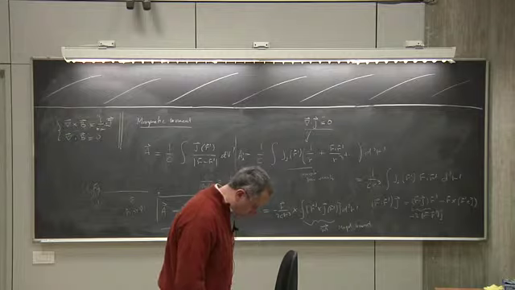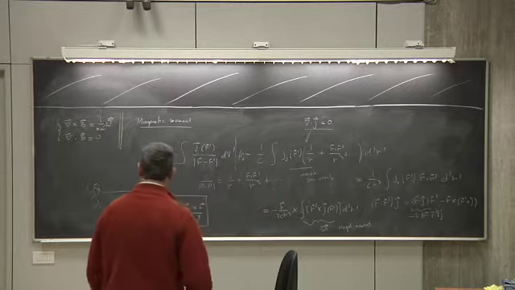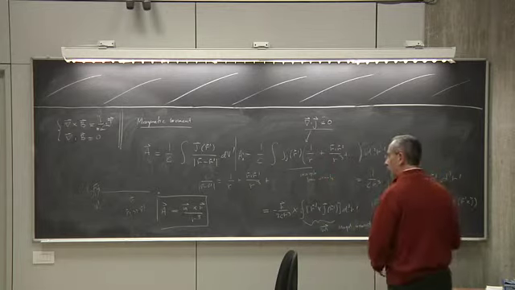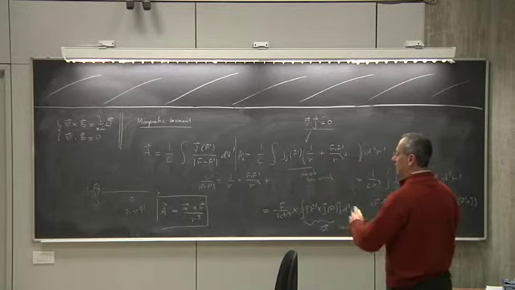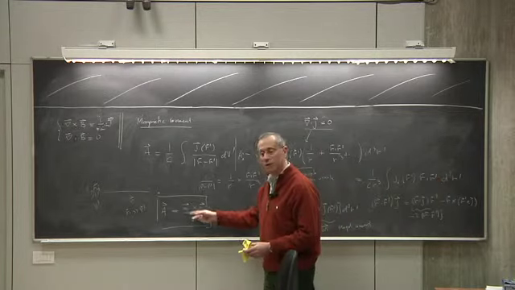And then what can we do? So why is this useful? Well, as much as the electric dipole moment was useful, because it's the leading term there. If you have an arbitrary distribution, then the most important term is going to be this.